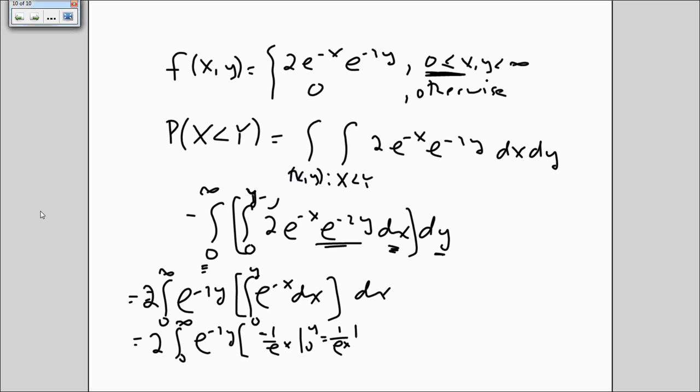I changed the sign from y to 0. The dy is a typo right above. That should be dy. So we have 2 times the integral from 0 to infinity, e to the negative 2y. You plug 0 in, you get 1 minus, you plug y in, you get 1 over e to the y, dy.